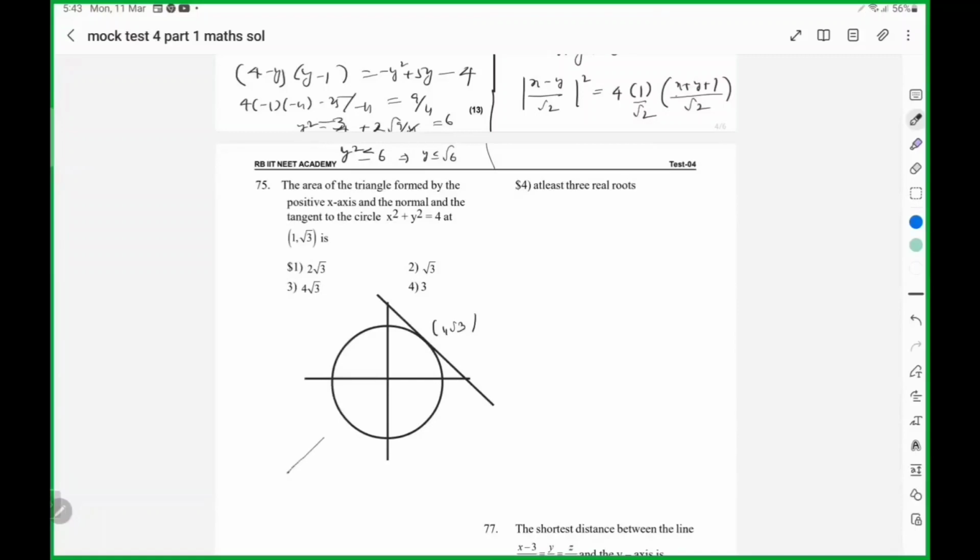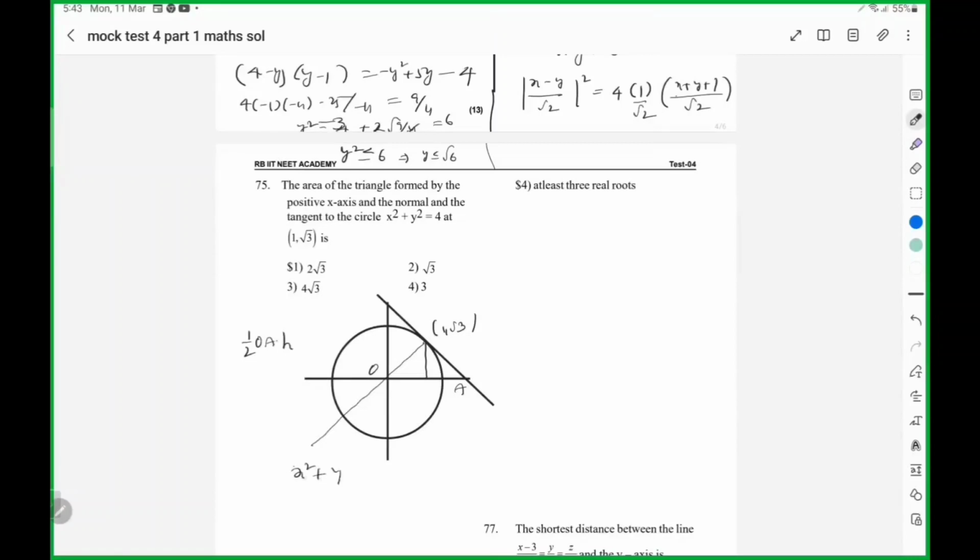So normal is... so now here you have to find perpendicular, so that once you know tangent, half into OA into H will give you the area of the triangle.